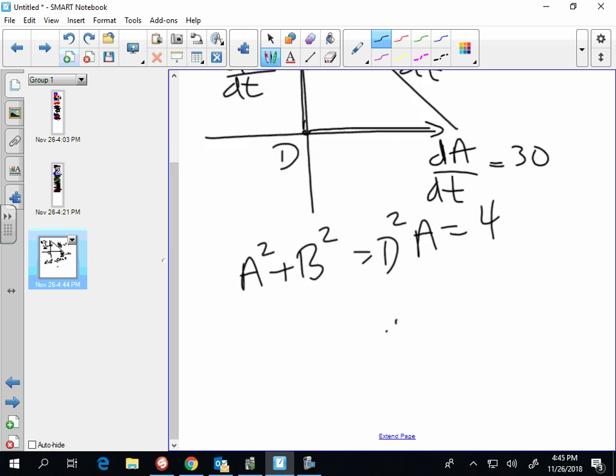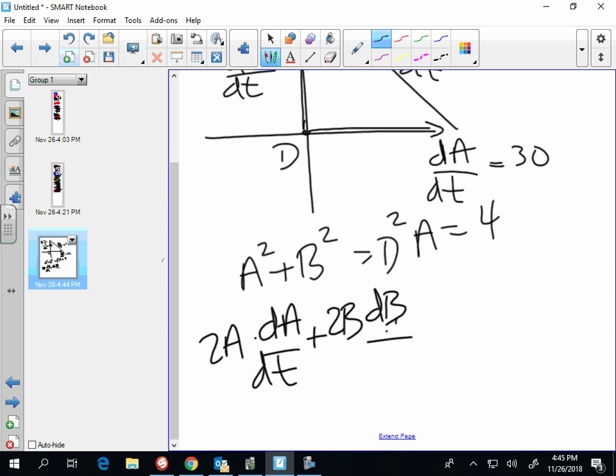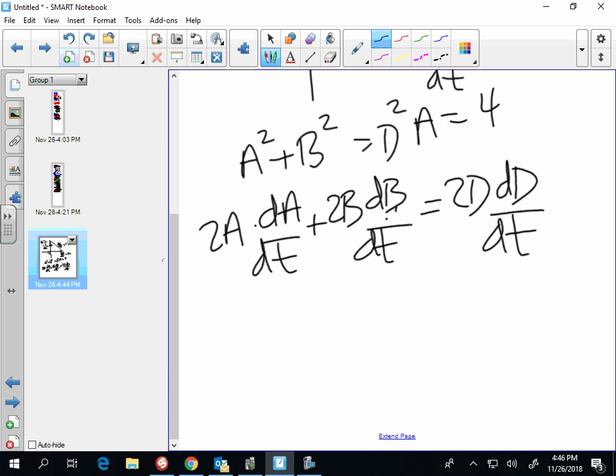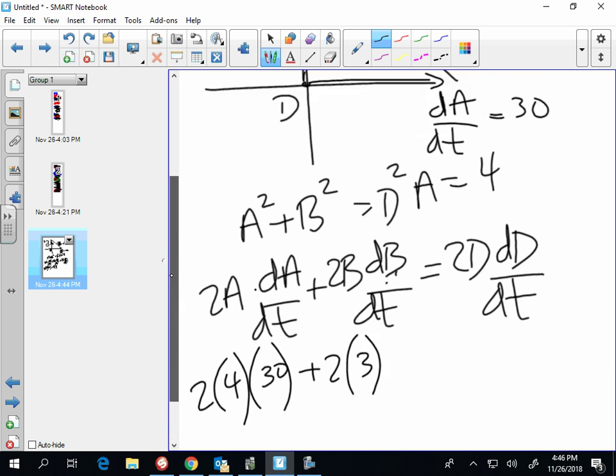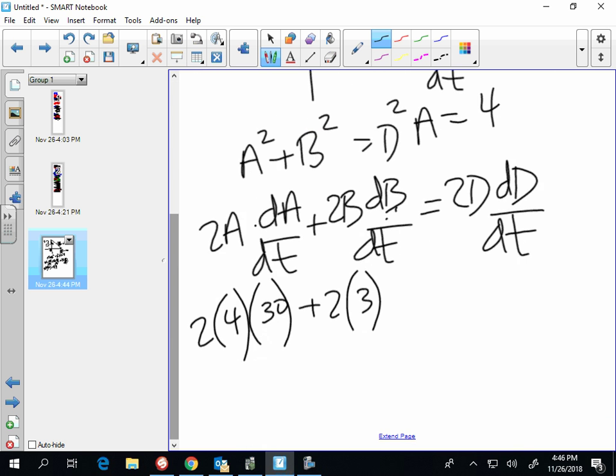And when we take the derivative of everything with respect to time, we'll get 2A dA/dt plus 2B dB/dt equals 2D dD/dt. And we can plug in what we know. We know A is 4 and dA/dt is 30. 2 times 4 times 30. We know that B is 3 and dB/dt is 40.